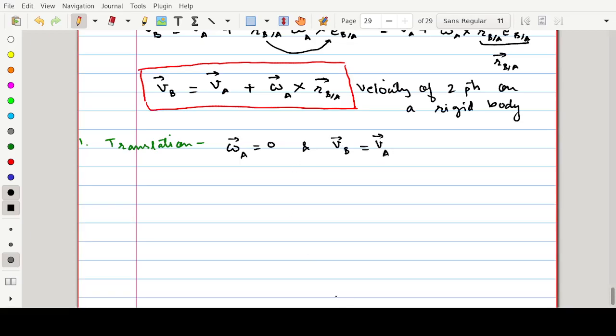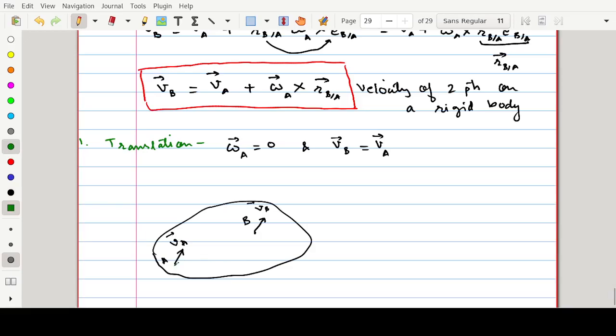So the velocity of every point on a body will be the same. So if you have a body here, it has this point A and it has this point B. So for translation there is no rotation of this RBA vector. So this VA will be equal to VB and the body will move.